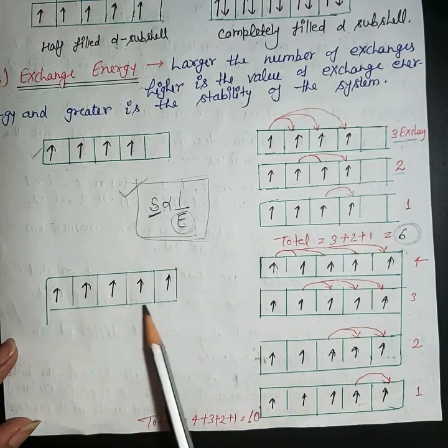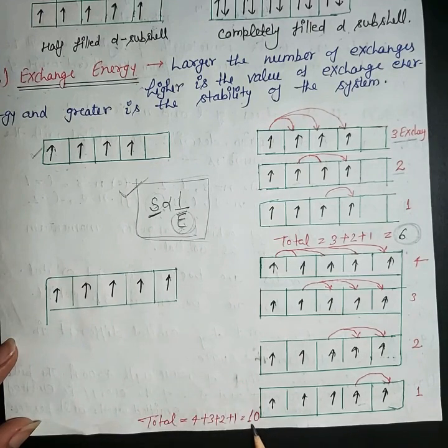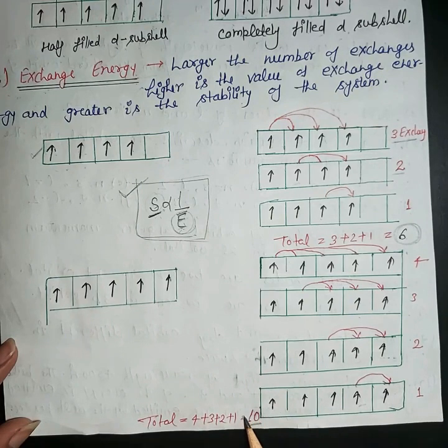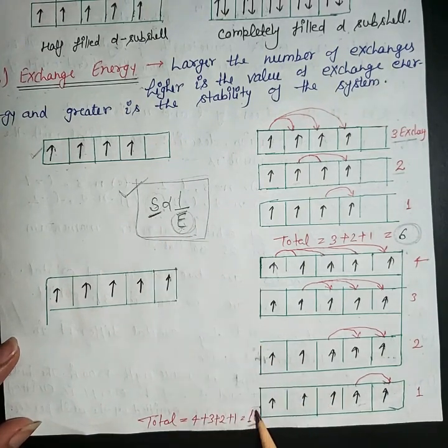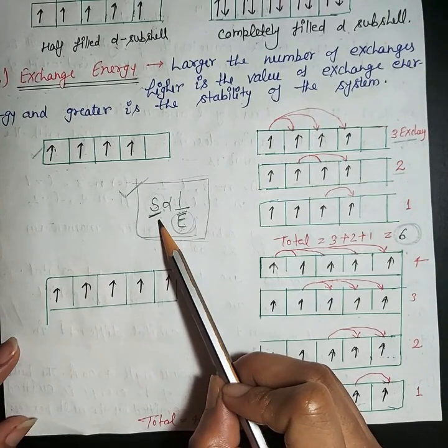So for this exactly half filled distribution, the total number of possible exchanges is 10. Obviously more exchanges mean more stability, because in each exchange the electron releases some amount of energy, and least energy means more stability.